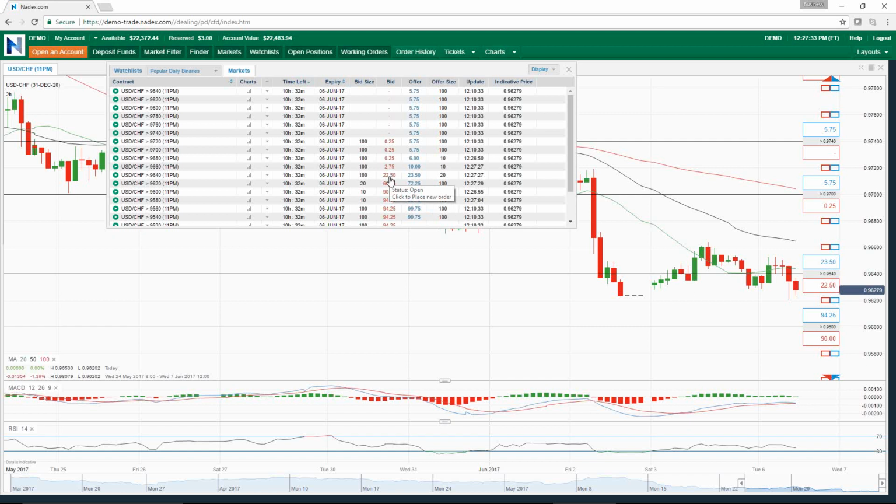I'm risking $67 to make roughly $23. That's not really a good proposition. So I want to be looking at the 96.20 or the 9600 because I'm looking for the market to go lower at a break of this 96.20 level. Does that make sense to you guys?